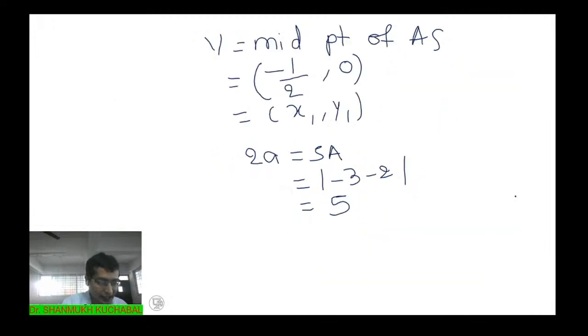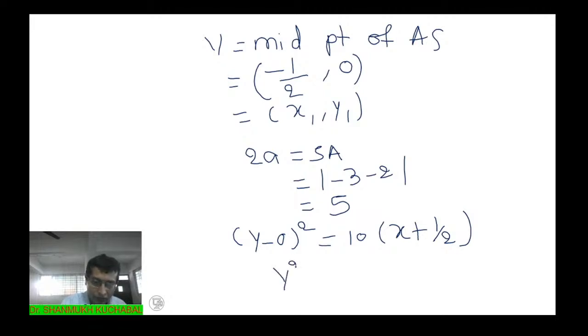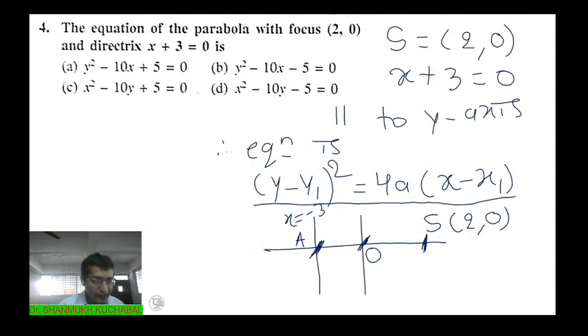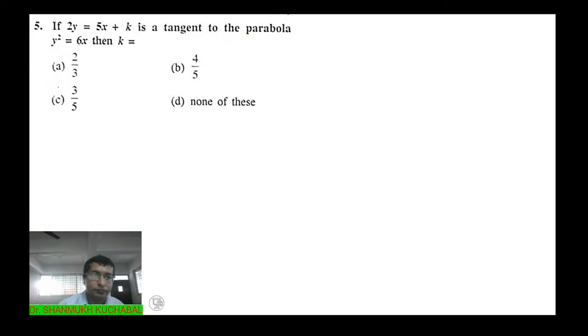So we get y minus 0 whole square equal to 10 times x plus 1 by 2. Simplifying, we get y square minus 10x minus 5 equal to 0. Therefore y square minus 10x minus 5 is the answer, and option B is the right answer.